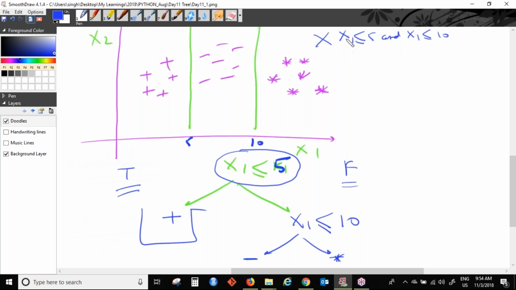You will never have this. It will only be either this or this, only one variable at a time. There will not be an and or an or condition. Okay, so remember that. Any other doubts, guys?